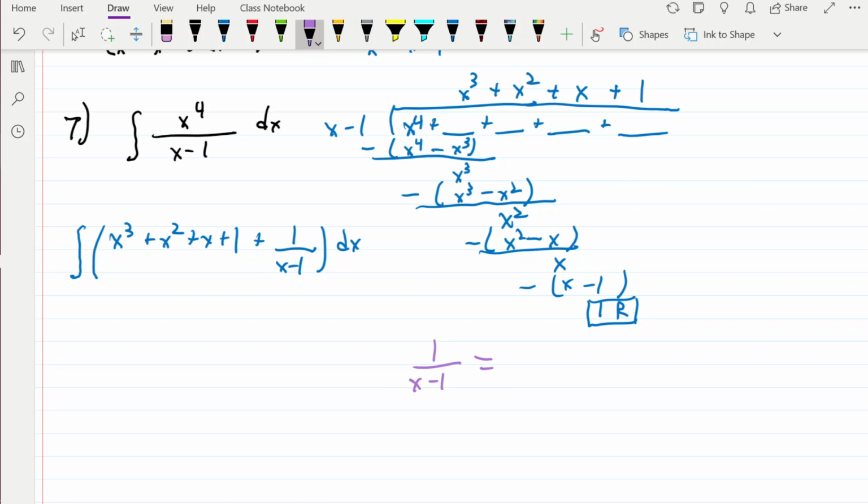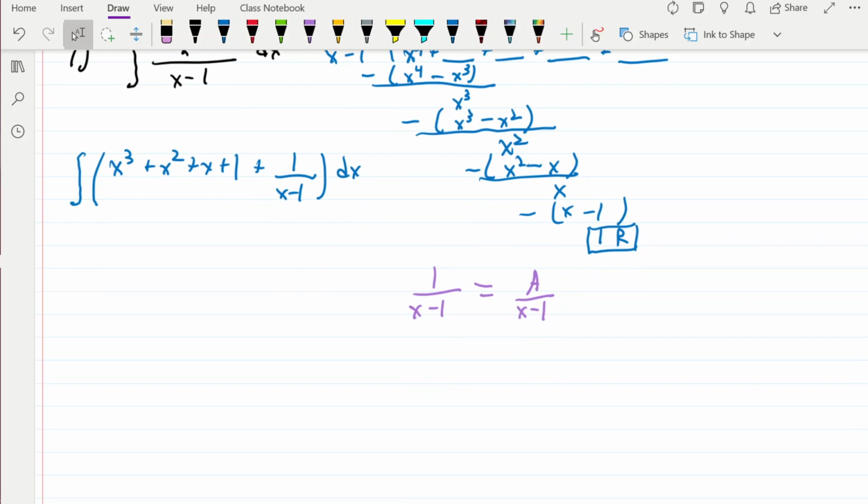And that is going to equal a over x minus 1. Multiply out on both sides, and we're going to get a equals 1. Oh, no, we don't. No, that's actually factorable. We don't even need to do that. That is pointless, because we can just use a u substitution right there.